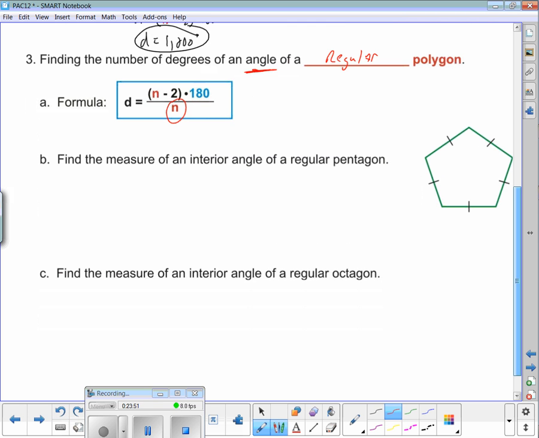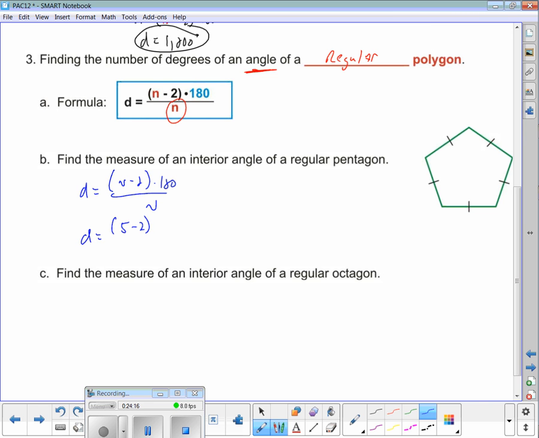Let's do a couple quick problems. Find the measure of the interior angles of a regular polygon. We're going to use our formula. D, number of degrees, equals N minus 2 times 180 over N. Just takes a second. Helps me to remember the formula. All right, let's put in N. We have a pentagon.